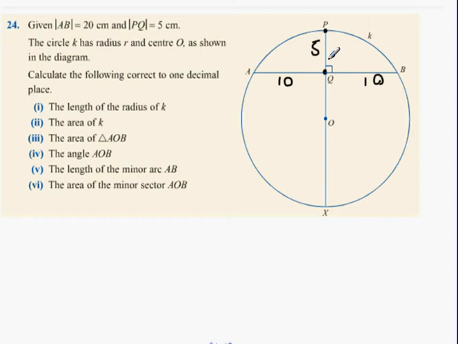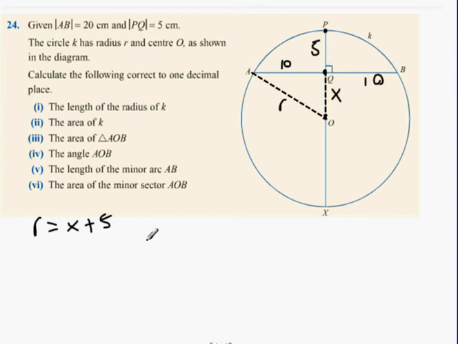Calculate the following to 1 decimal place, the length of the radius of K. So what we're going to do here is make a formula. Key thing to remember is that we're going to call that side x and this side r. Now remember, your radius equals x plus 5, because that will be this distance here.